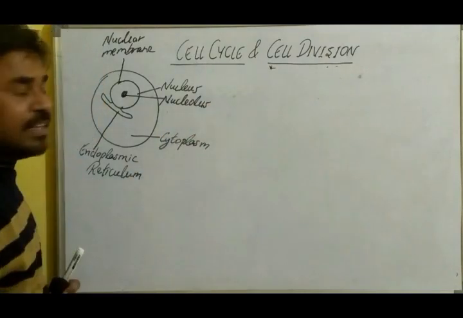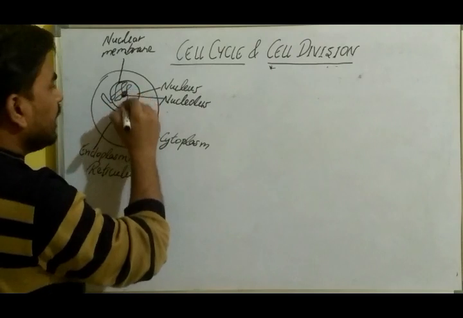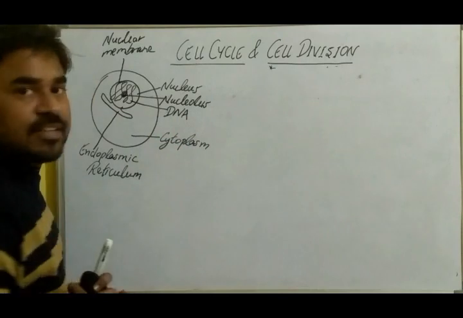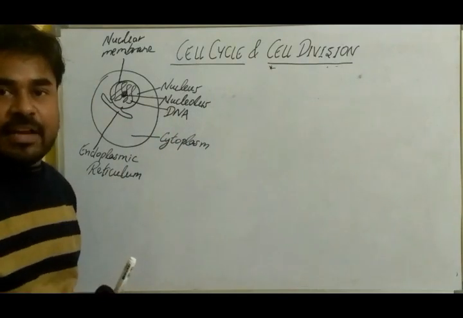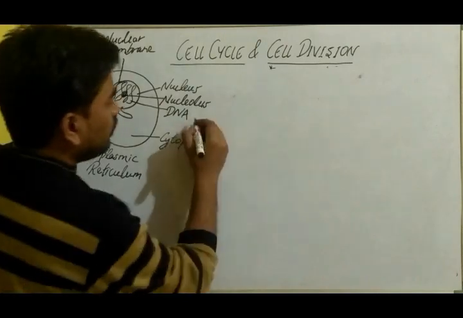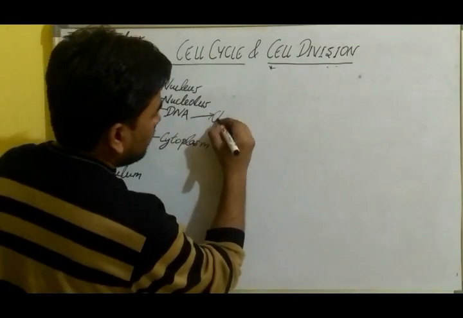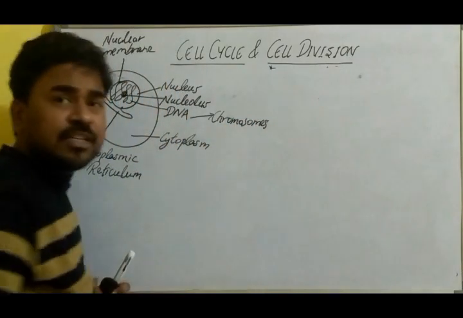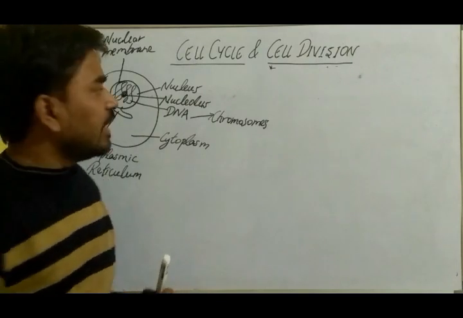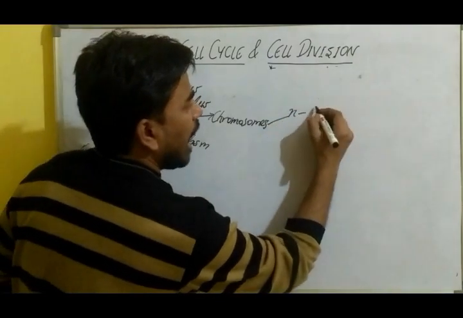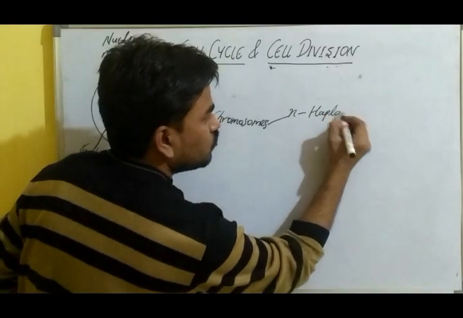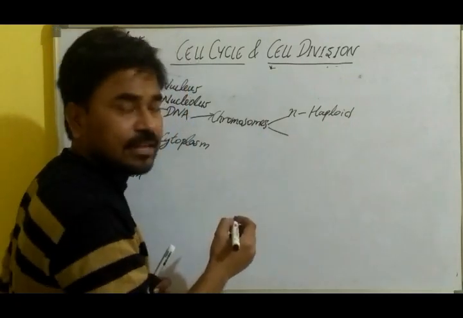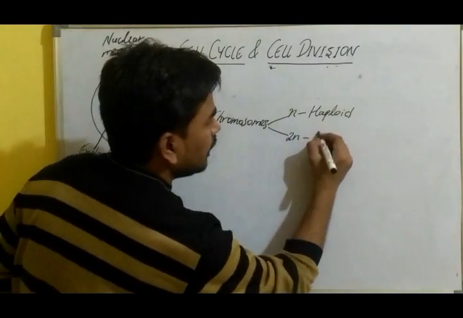The nucleus contains the hereditary material called DNA. This DNA becomes compactly packed and more condensed to form chromosomes. If there is a single set of chromosomes in a cell, the condition is called haploid. And if there is a pair of sets of chromosomes in the cell, the condition is called diploid.